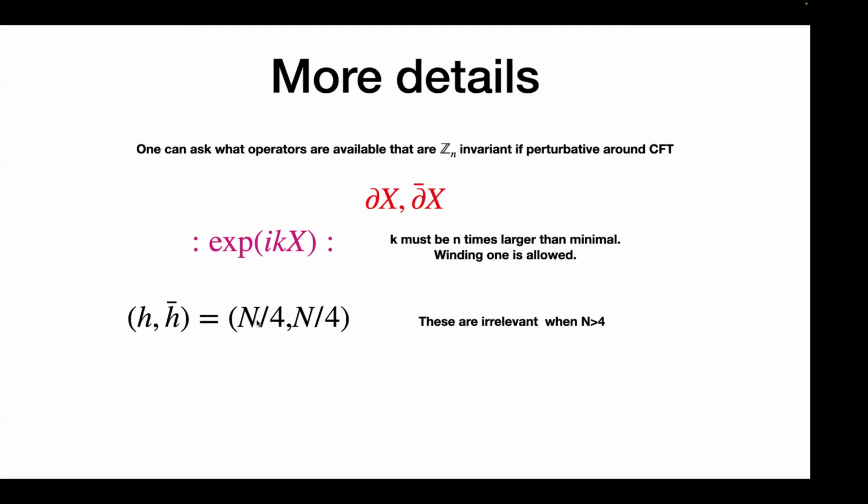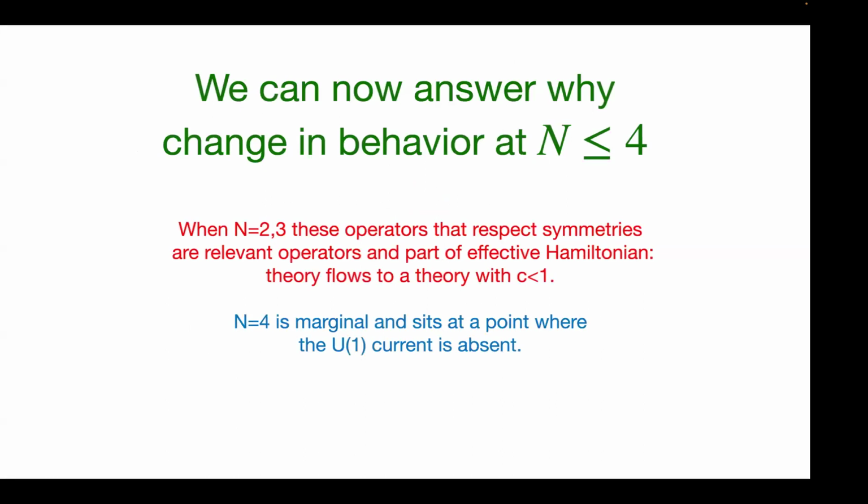And when n is equal to 4, you're allowed a marginal deformation, so you find a theory that does not have a U1 current algebra, but it has the same central charge. And when n is less than 4, you have a relevant deformation, so the theory flows to a non-trivial conformal fixed point with central charge less than 1. Okay. And then this is what explains all this strange behavior at n less than or equal to 4.